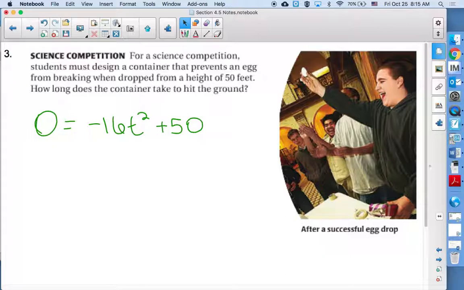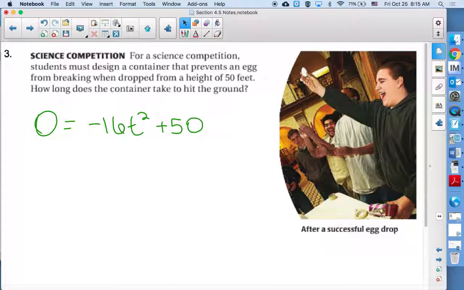Alright, so we have 0 is the height of the ground. If it's hitting the ground, it'll always be 0. If a person catches it, that's when the height will be different. And it'll say it is caught at a height of 3 feet above the ground, or a child catches it at a height of this many feet above the ground. So it'll say how high the ball or the object is above the ground where it's caught.